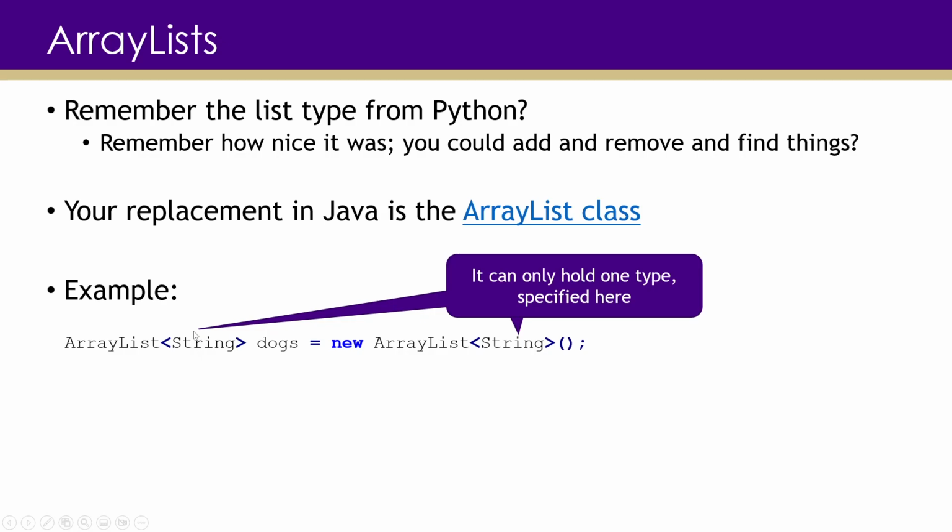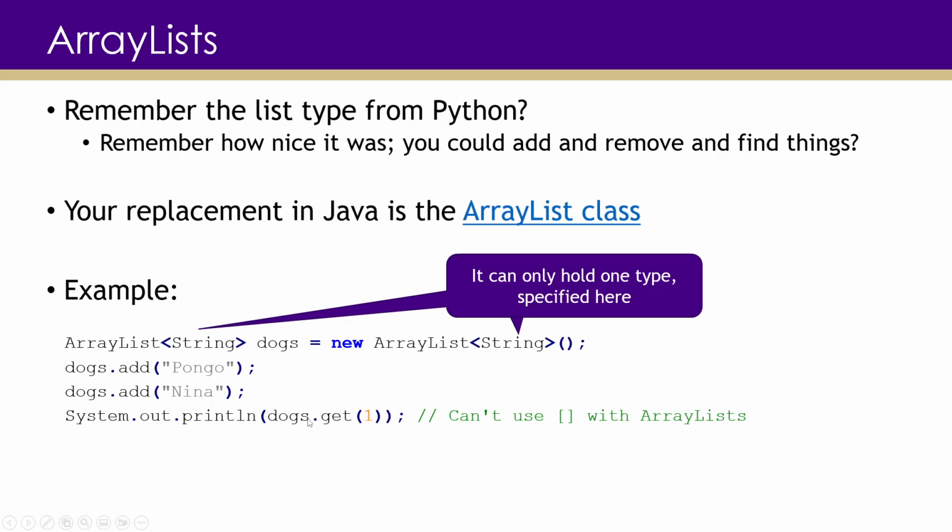So this specifies what type the array list can hold. Just like how an array can only have one type, an array list also can only have one type. Java is very strict about type. And you can add elements to the end of that array list by saying .add, dogs.add. Should look pretty similar to what you've done in Python.